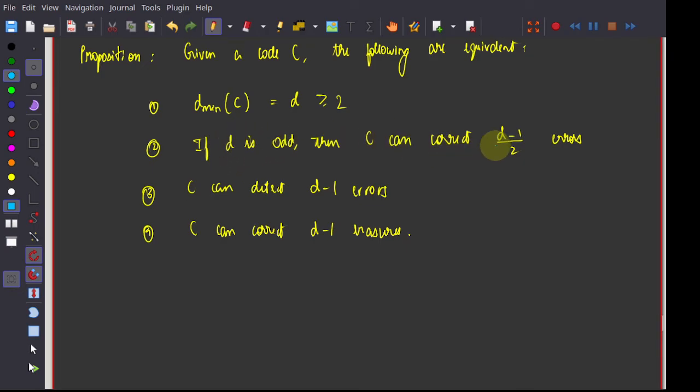If d is odd, then it can correct exactly d minus 1 by 2 errors, because it can correct strictly fewer than d by 2 errors, and d minus 1 by 2 is the largest integer less than d by 2. If d is even, then it can correct d by 2 minus 1 errors. It can also detect d minus 1 errors, as we discussed earlier. And the code can correct d minus 1 erasures.